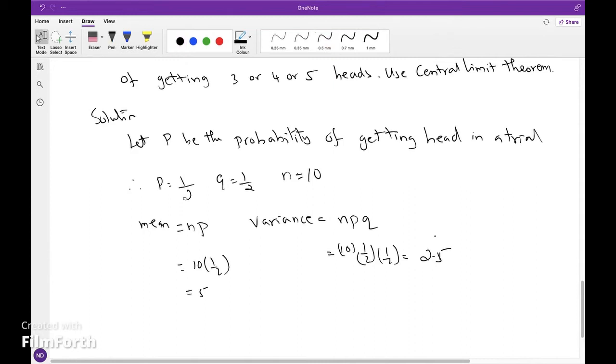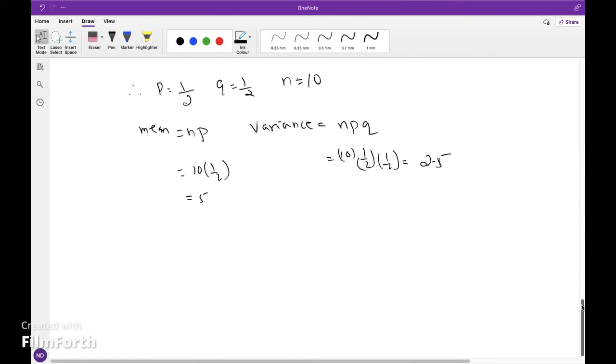So here mu is equal to 5, because the mean is NP, and variance sigma squared is 2.5, so sigma is equal to square root of 2.5.